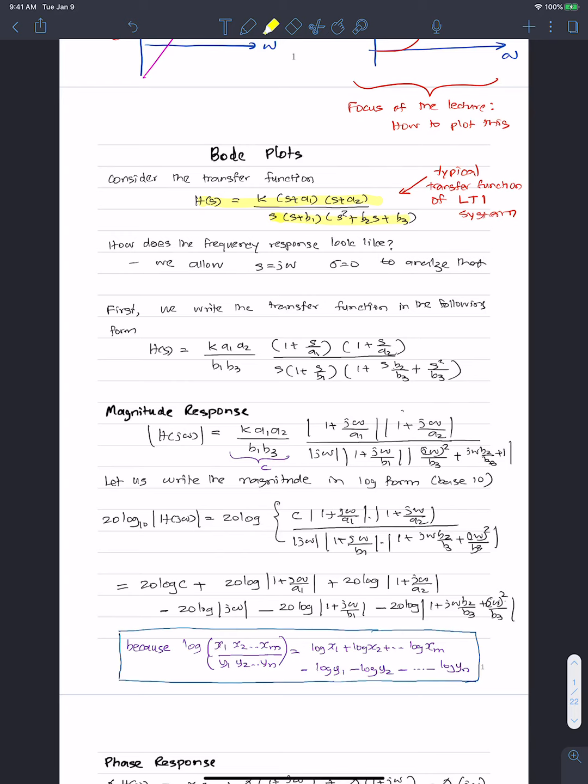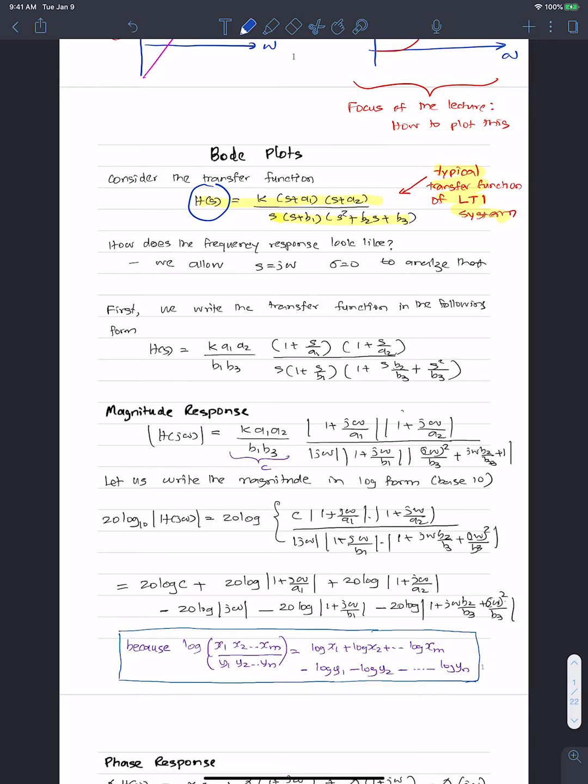The Bode plot takes us to a different type of analysis of a system. First, we want to learn how to draw Bode plots of linear systems that are usually in this form. We will take a transfer function and draw the magnitude and phase. That is the goal here. In a couple of videos I'm going to explain several examples of how to do a Bode plot.